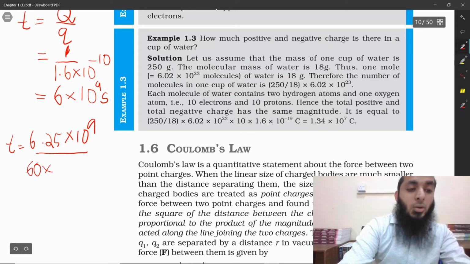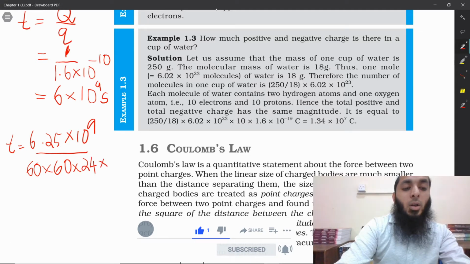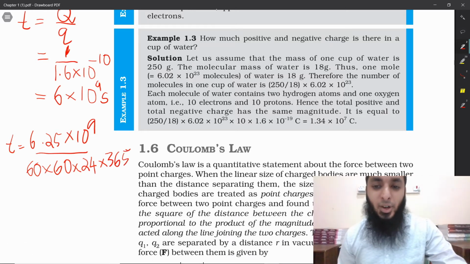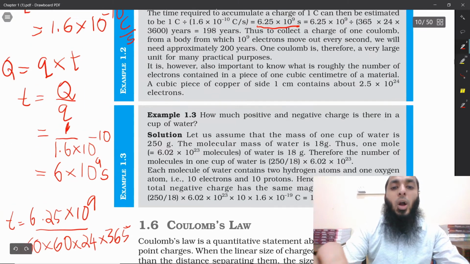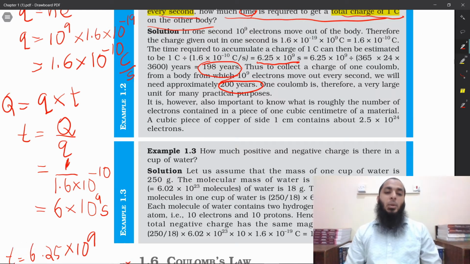To convert to hours, you divide by 60 again. To convert to days, you divide by 24. To convert to years, you divide by 365.25 or just 365. If you do all these things, you will get approximately 198 years, or 200 years. So that many years it will take for 1 coulomb of charge to accumulate on a body.